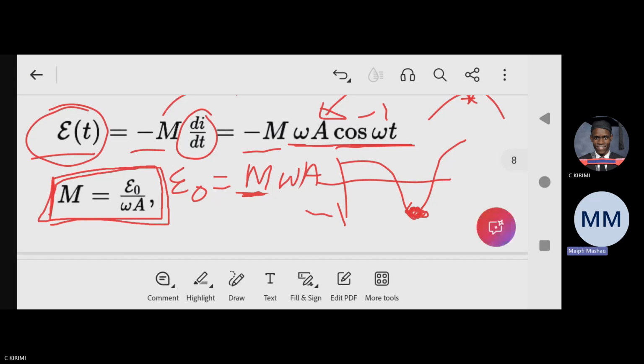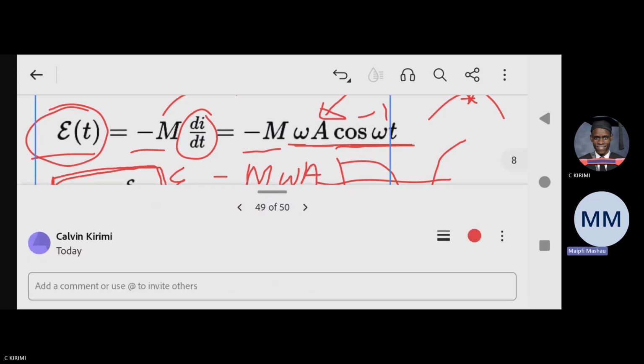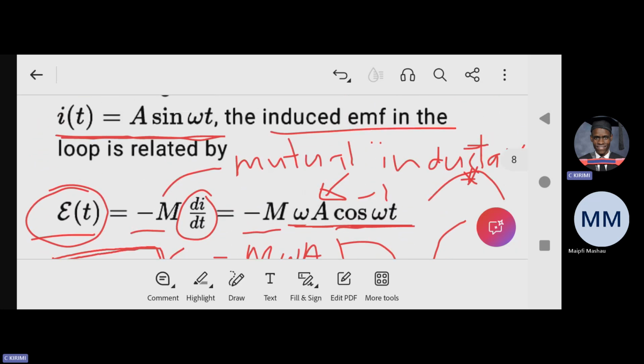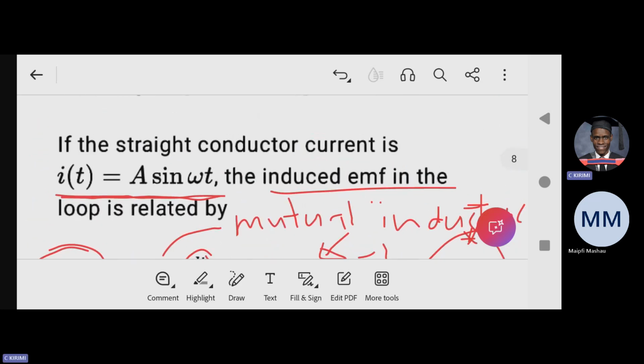That, with the I, is the one that we found when we calculated the current, the IT, or the di for the current. Any question there?